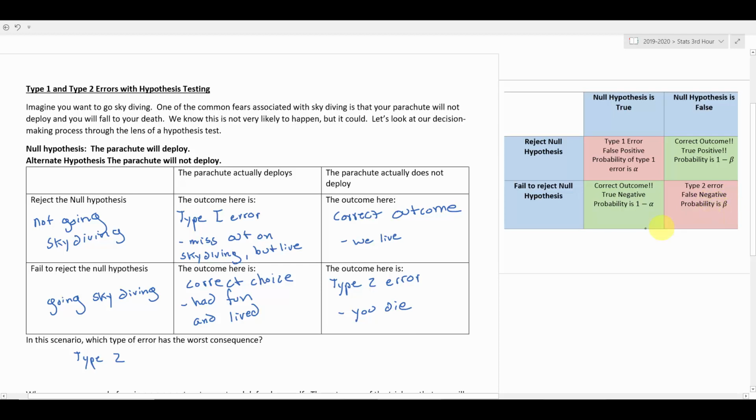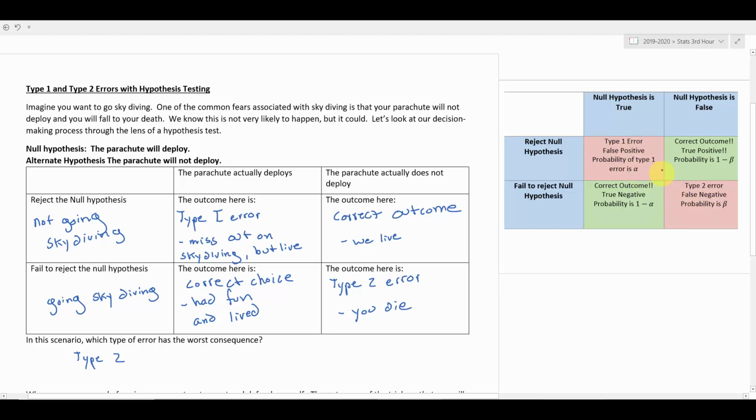Now, the probability of a type 1 error is very easy to find, as it's equal to the significance of your hypothesis test. So if you're running your hypothesis test at a 5% significance level, the probability of making this particular error is 5%. So we can very easily calculate type 1 errors. Type 2 errors are a little bit more complicated. All right, so just keep that in mind.